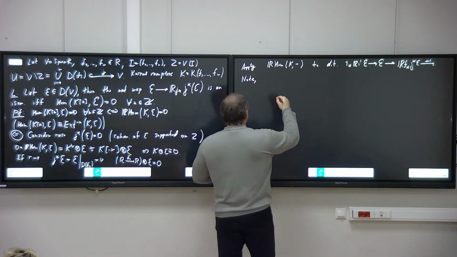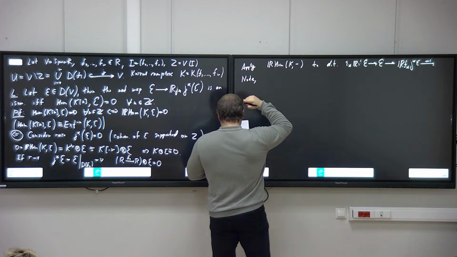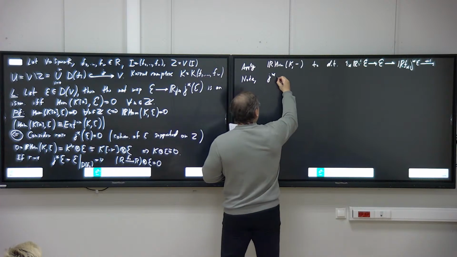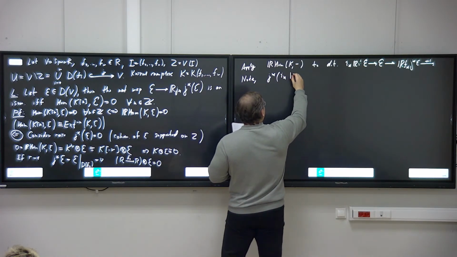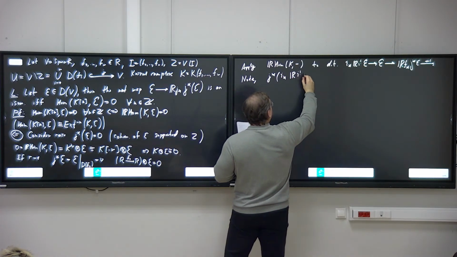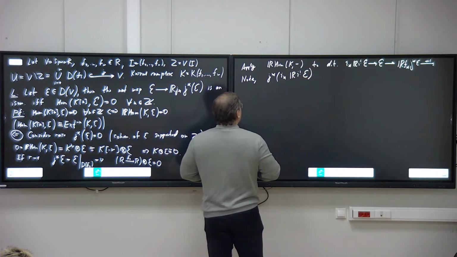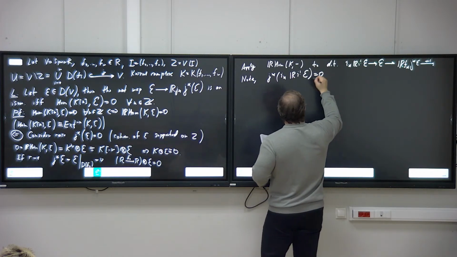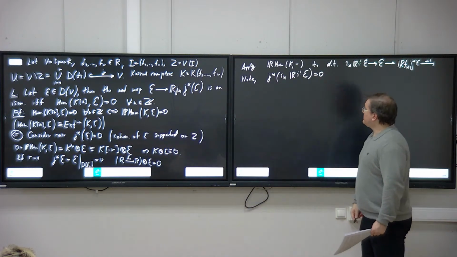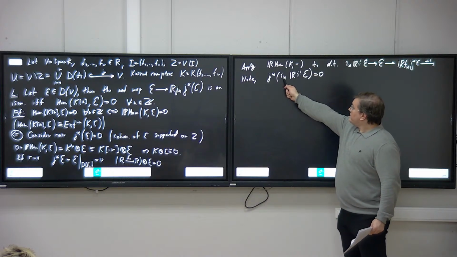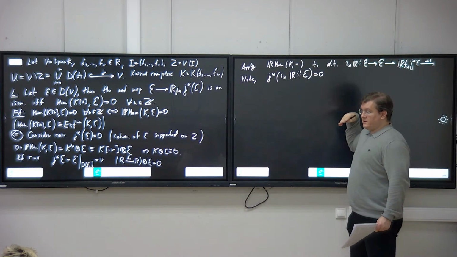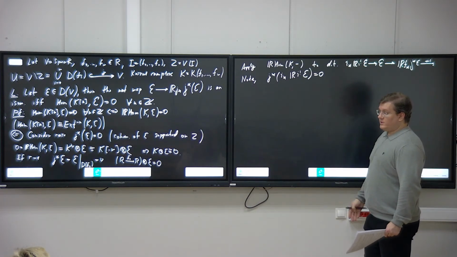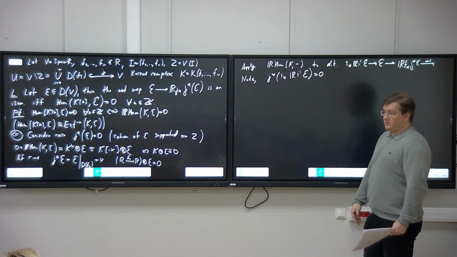So I want to note several things. First of all, if I apply the j upper star to the i lower star Ri upper shriek E, right? So then this is 0, because I have the embedding i lower star, so this whole thing is supported on the set Z. So when I restrict this to the open complement, I'll get 0.